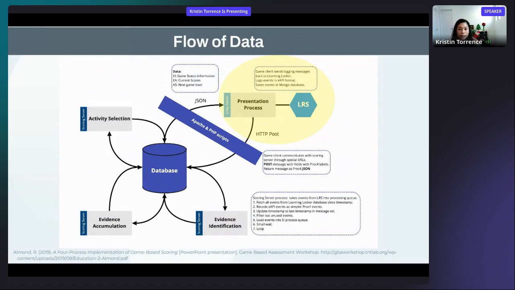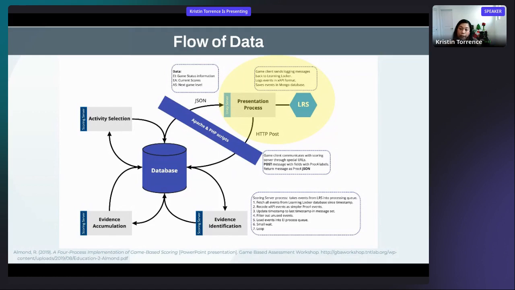So here's an overview of how data really flows from the front end client server to the back end scoring server. And Newton's Playground was built in Unity, so that's how the presentation process occurs. And Unity logs events in JSON, and they can be extracted using xAPI and stored in a learning record store.